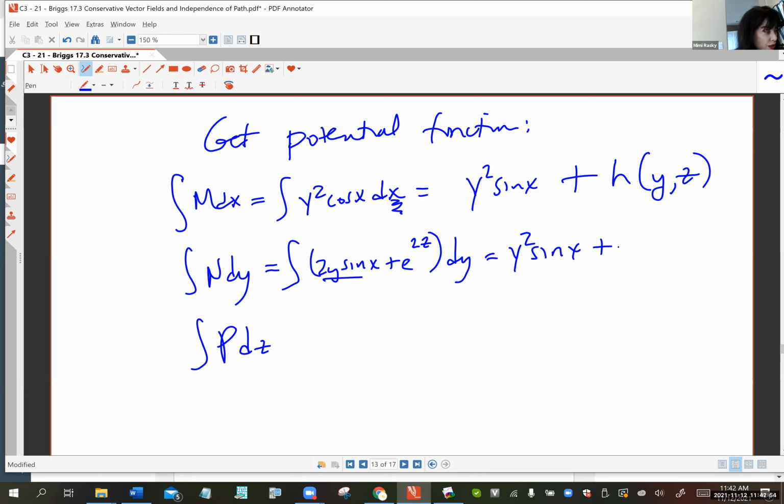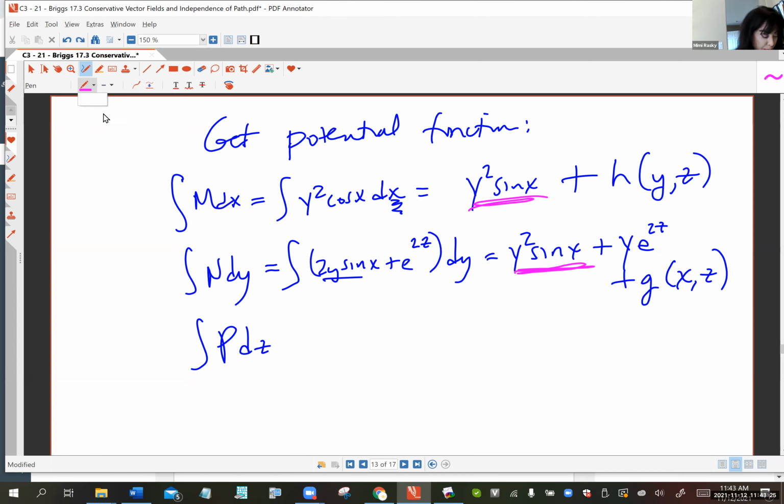The second term, I'm going to get y e to the 2z plus, I'll call it, g of, how about the other 2 guys that we had there, g of x, z. Do you notice I do have duplicates already starting here? You got the y squared sine x showing up in both of those results. So be careful because you don't want to add those together.